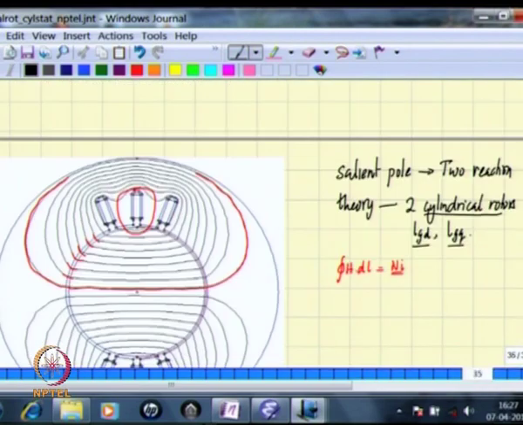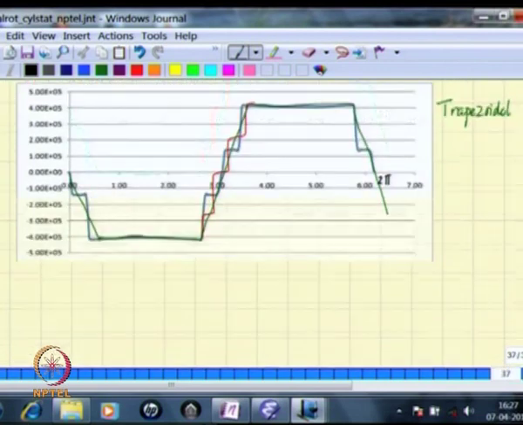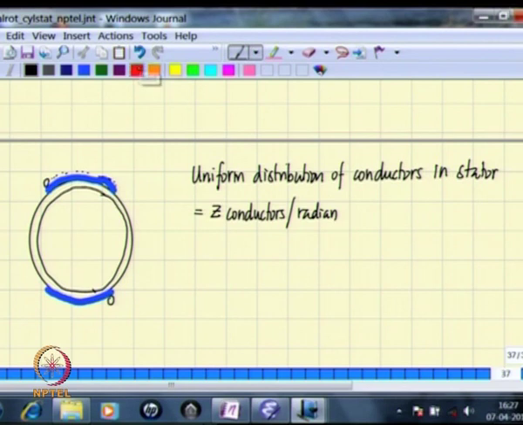The flux lines are going around the distribution like this, and that will be the nature of the flux lines. If we consider any flux line at an angle, let us say with respect to the center, where we want to find the MMF at this angle, call that angle some alpha with respect to alpha equal to 0.